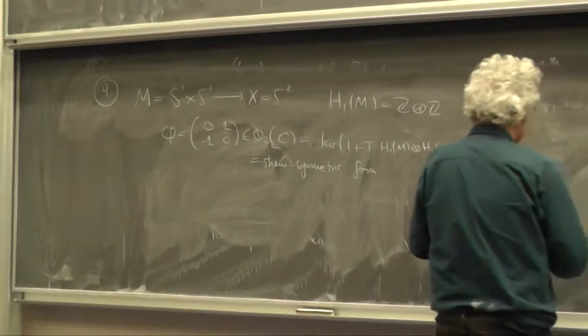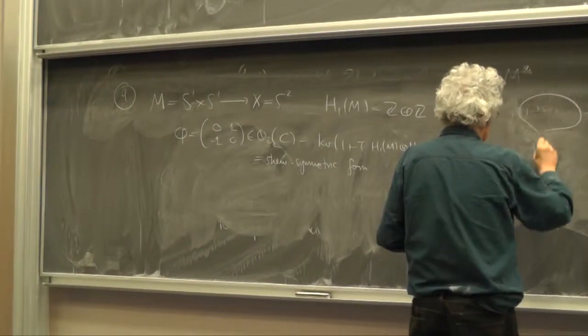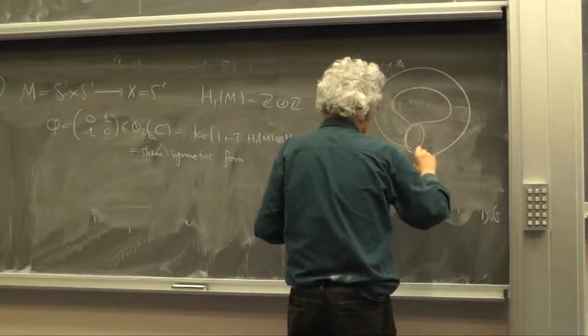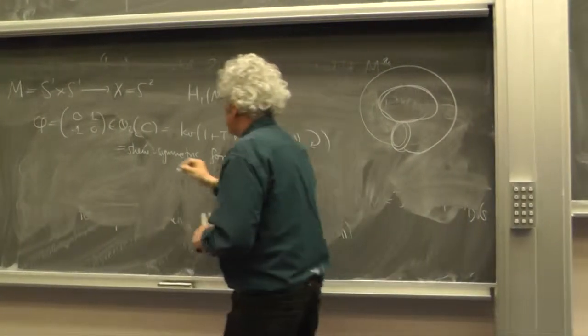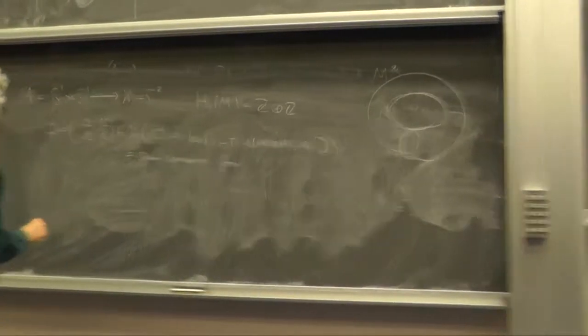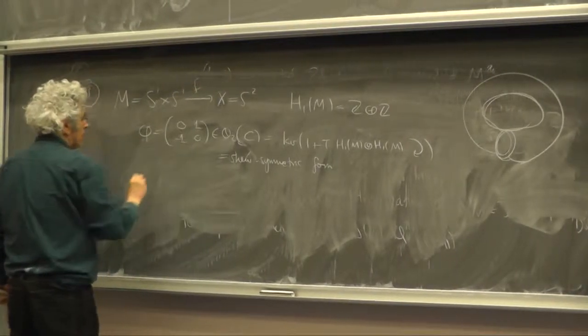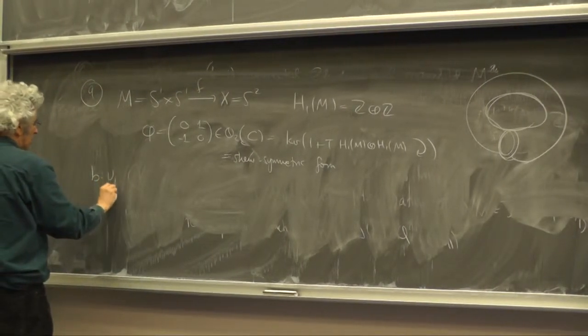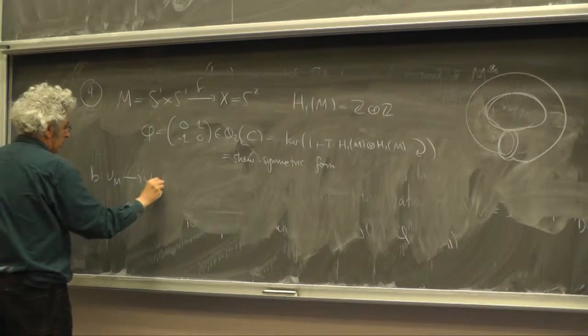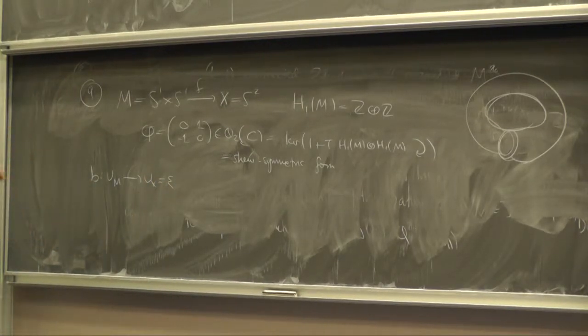I should draw the torus. There's one circle, there's the other, and there's the intersection point. Now, this is our degree one map, and there is the bundle map.